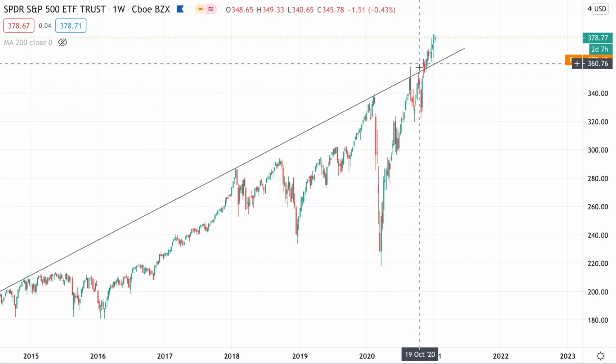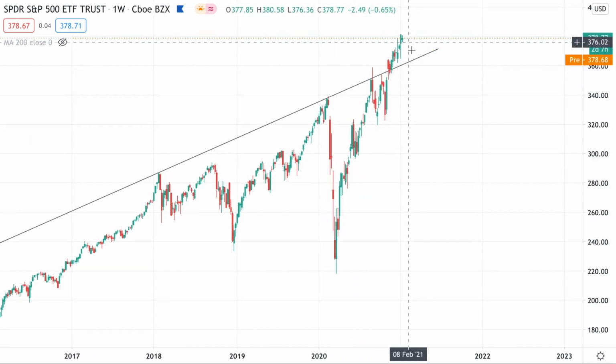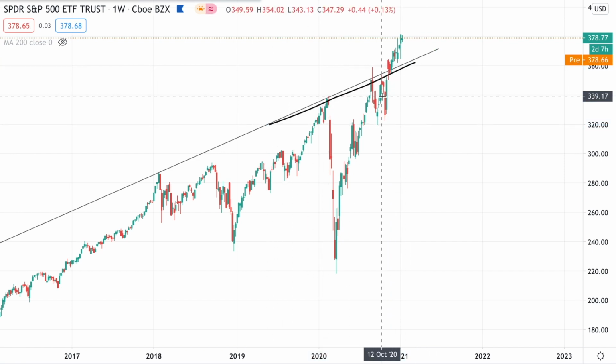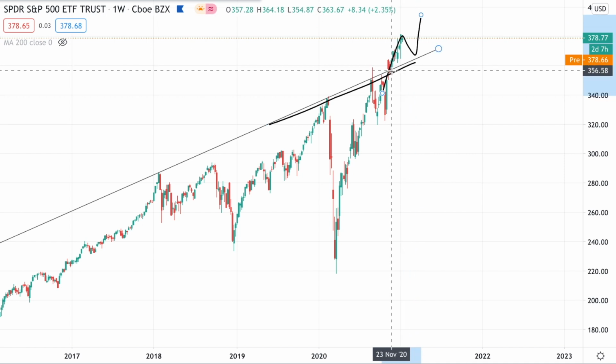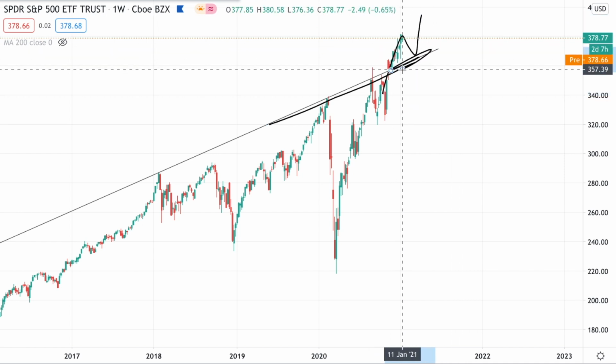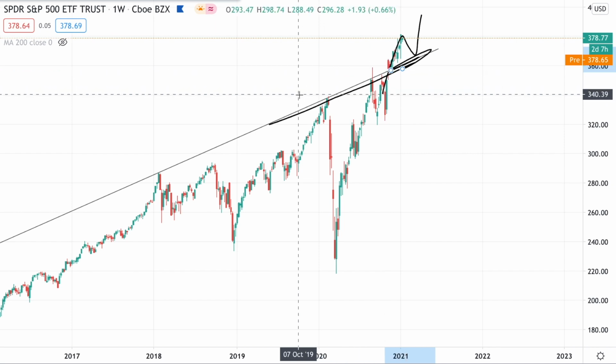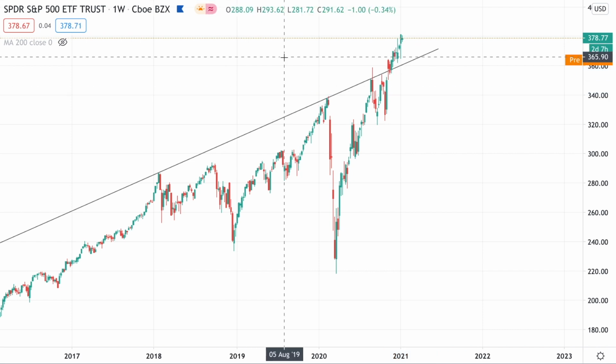And now it broke out and we're above that resistance. And what happens to resistance once it's broken? It becomes support. So this is our safety net right here. And this is why we're short-term bullish on the S&P 500. Even if the fundamentals don't align, even if it's overvalued, overleveraged, you name it, we're trading the chart that's in front of us. So we're still long.